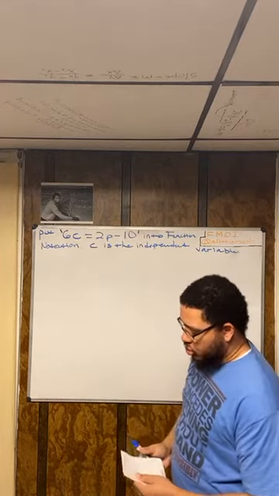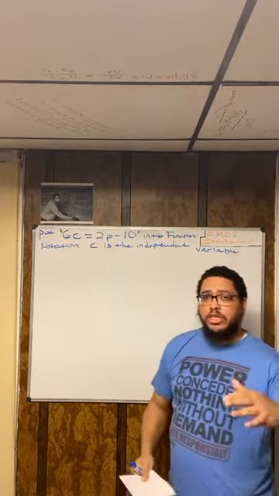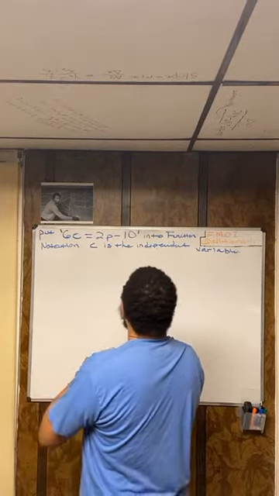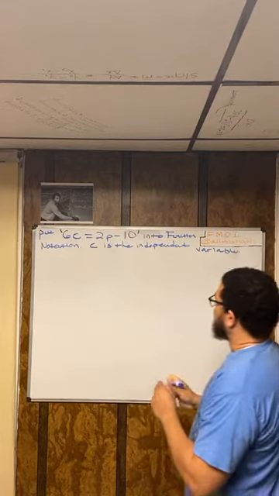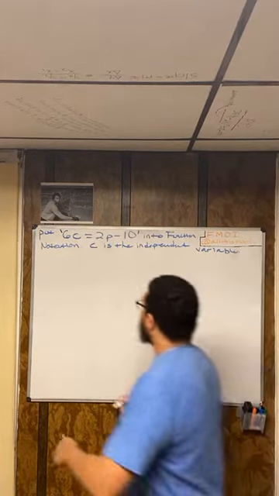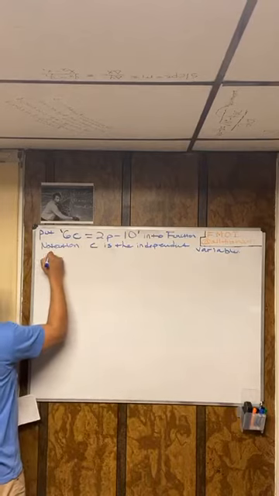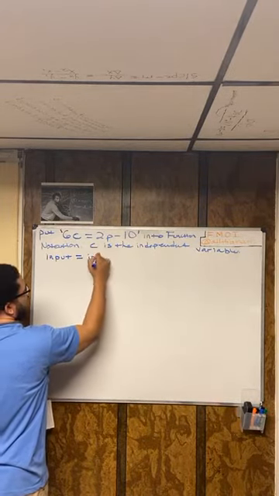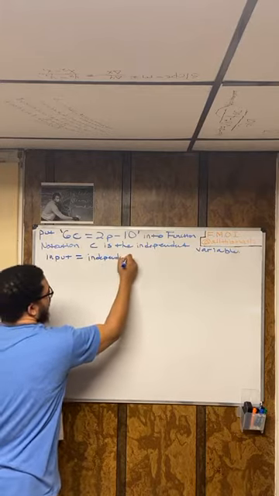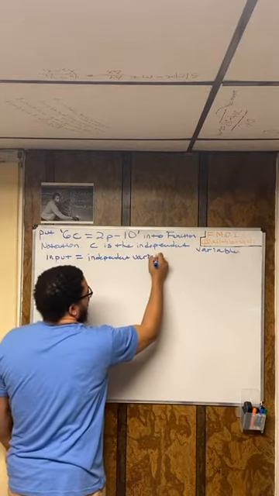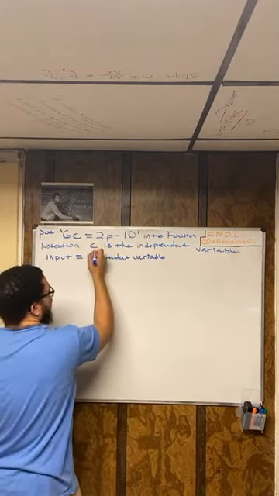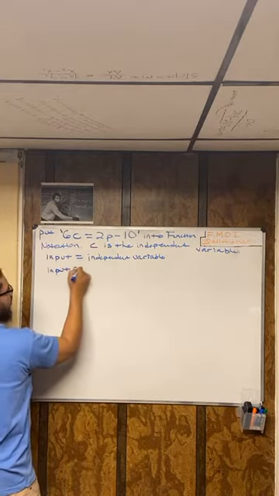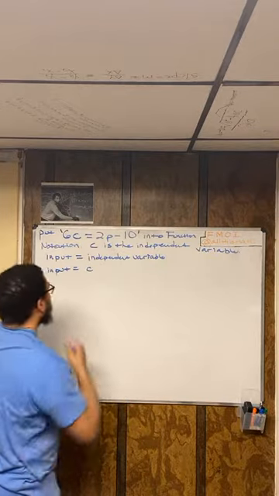All right. Now, there's some steps that you go through in order to convert to function notation. First thing you want to do is identify what the input is. Now, the input is the same thing as the independent variable. So if the independent variable is c, then that means the input equals c, right?